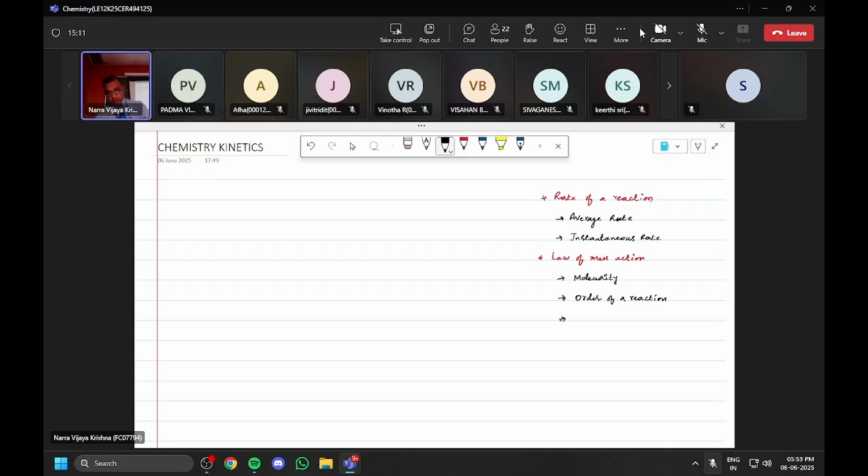Molecularity, order of a reaction, and we will study about rate constant. Then we will see regarding different ways of calculating a rate constant. Among them, we preferably see integration method of determining a rate constant.